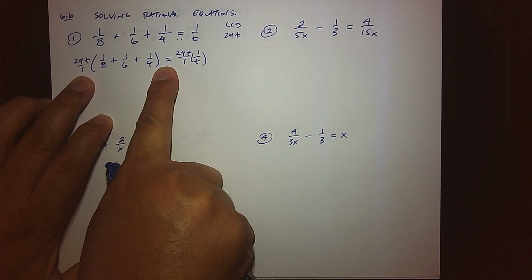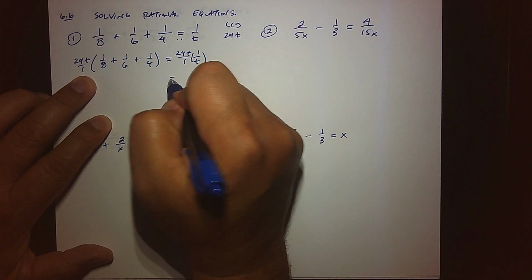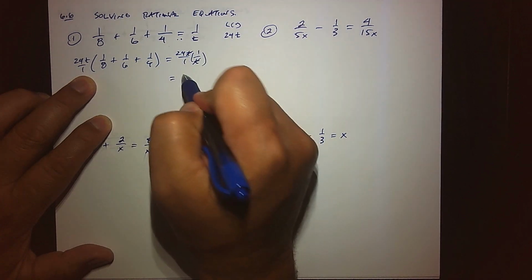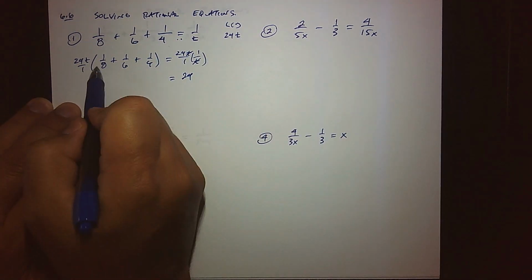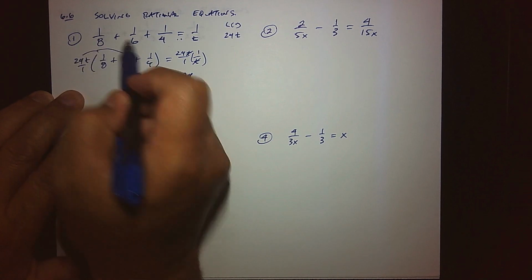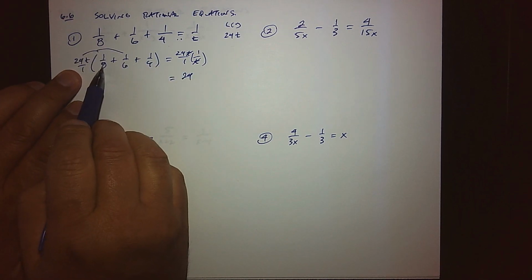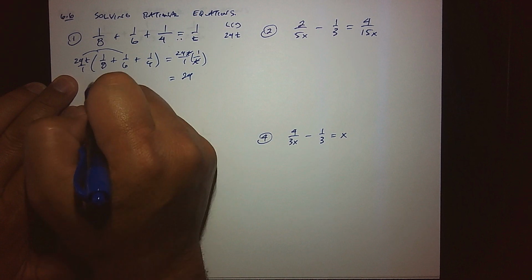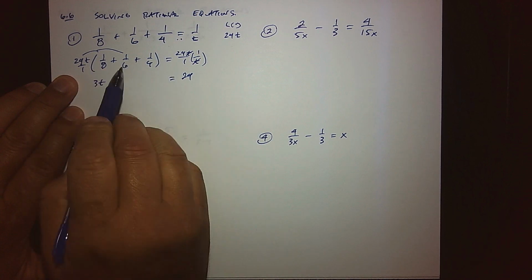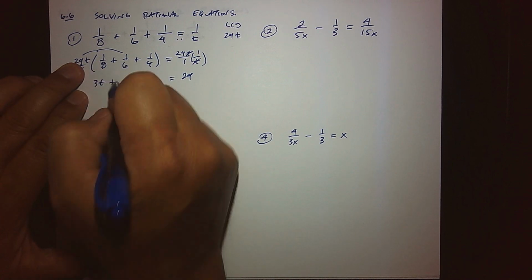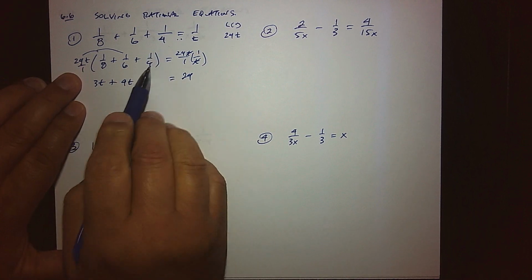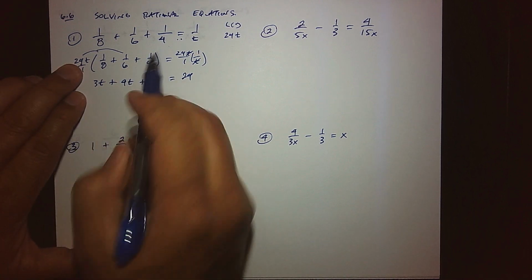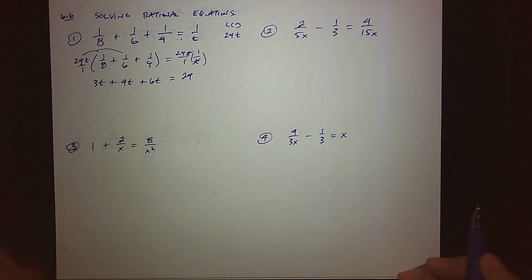I'm mathematically in balance. Now, of course, what happens over here, the t's will divide out, leaving us with 24. Over here, we're going to distribute, and then 24 goes into 8 3 times, and so we have 3t. 6 goes into 24 4 times, so we have 4t. And then 4 goes into 24 6 times, so we have 6t.